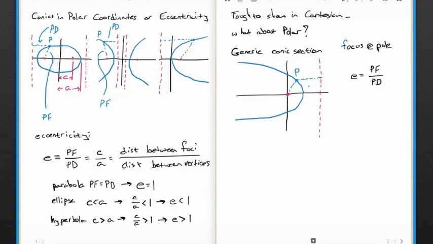So point to focus here is really just r, right? So PF equals r. And then the distance from the point all the way out to the directrix here, I'm going to define one more variable, a new one that we're going to work with for now, some distance k.